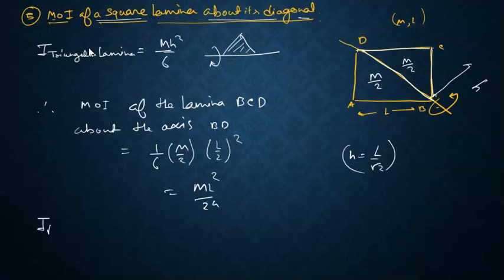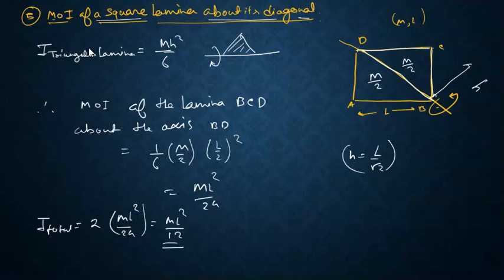So the total moment of inertia is equal to 2 into ml square by 24, that is equal to ml square by 12. And that is the value of the moment of inertia if we rotate a square lamina about its diagonal.